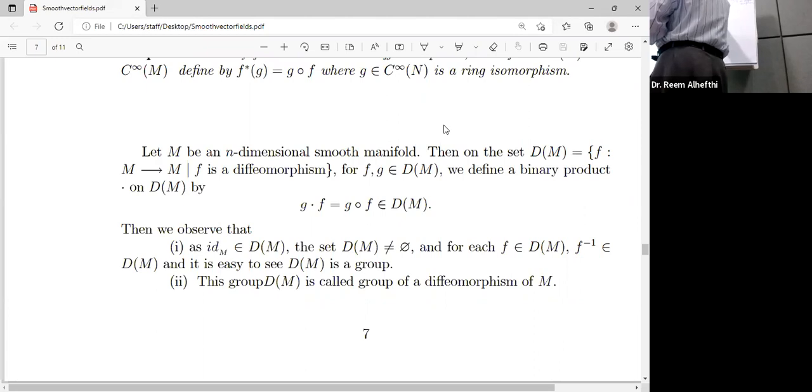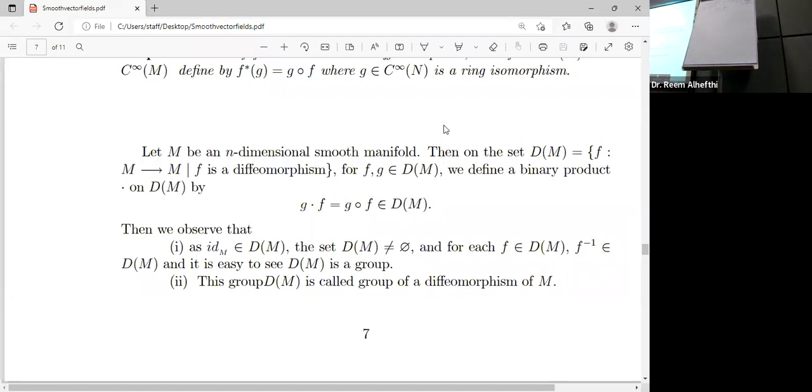We define the product F dot G to be F circle G. With respect to this product, because the identity is there and for every element the inverse is there, this product makes that set a group. It's a very large group, and it is called the group of diffeomorphisms of M. What is it?